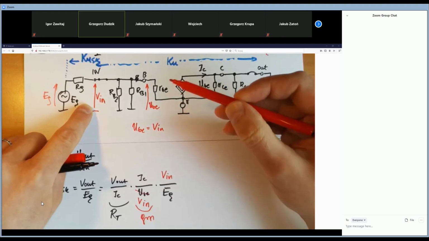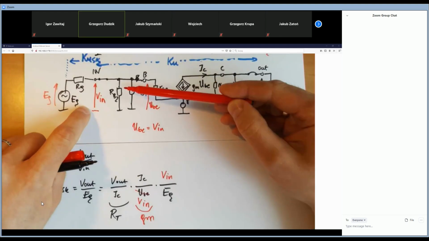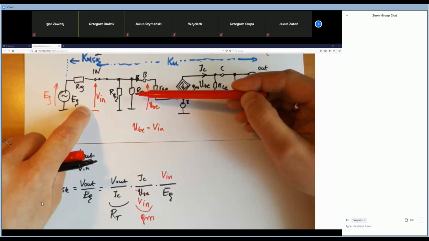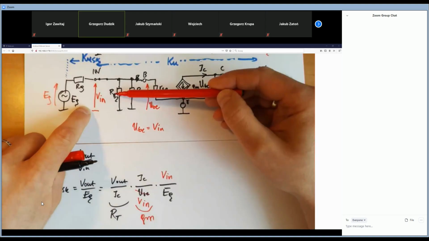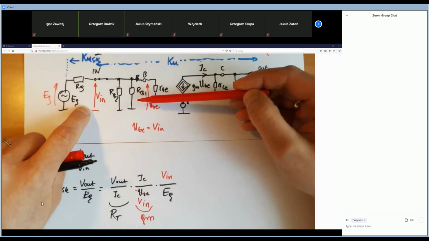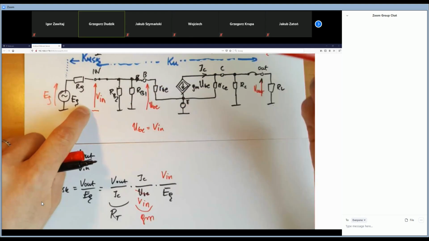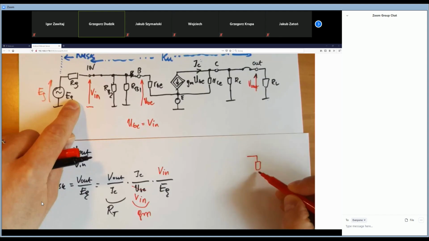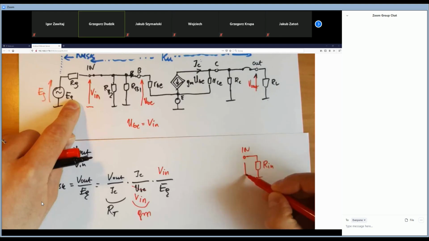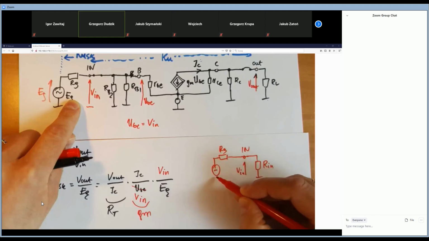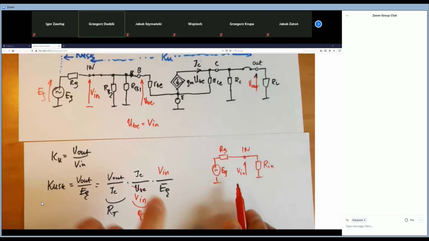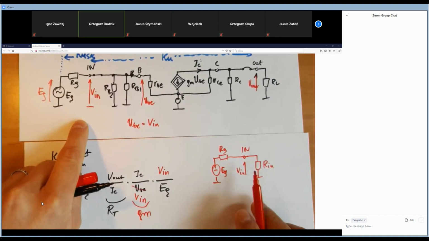Do you see here some voltage divider? Look, these three resistances, the input resistances for our amplifier, are connected in parallel. That's right. So we can change them to one resistance, which will look like that. This is the V in, and here we've got the RG and our signal, EG. Do you see the voltage divider here?